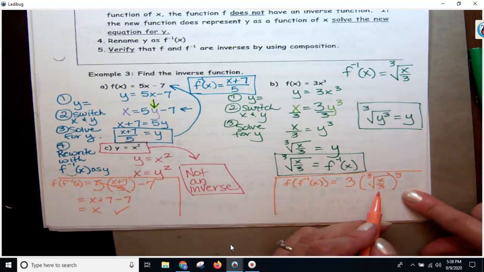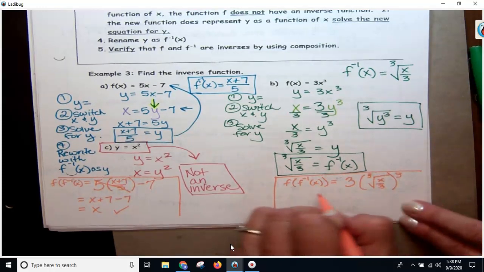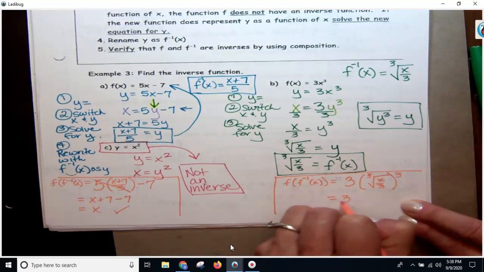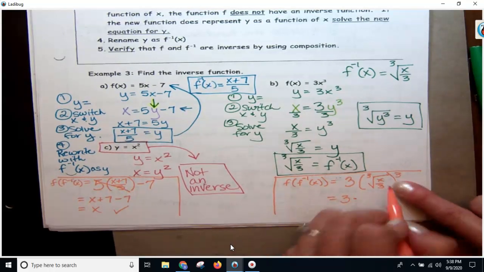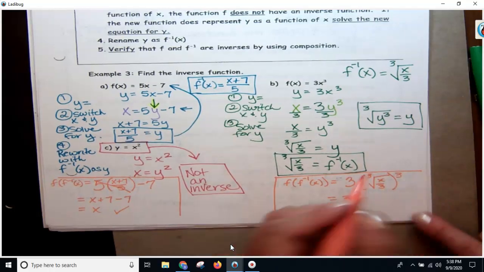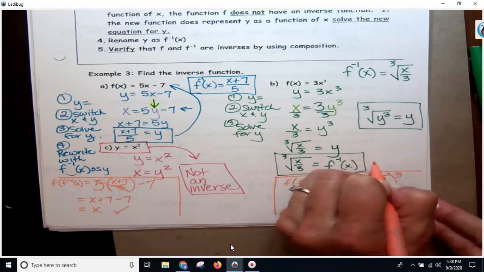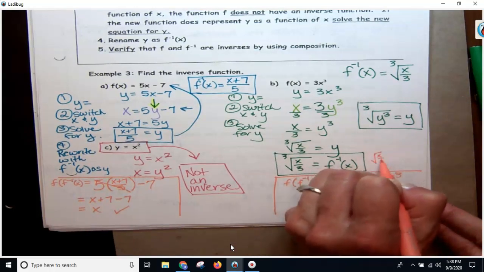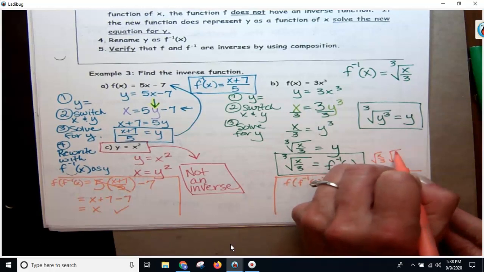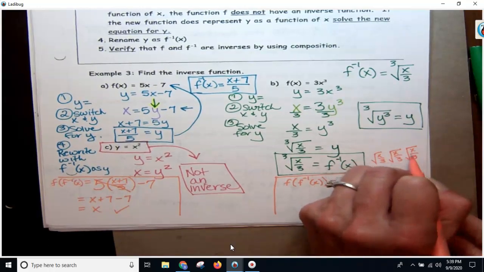And now I know that the cube root cubed is going to just give me what's inside of here. So I'm going to get 3 times, and this is why, because we're basically saying this is x divided by 3, right? 3 times.